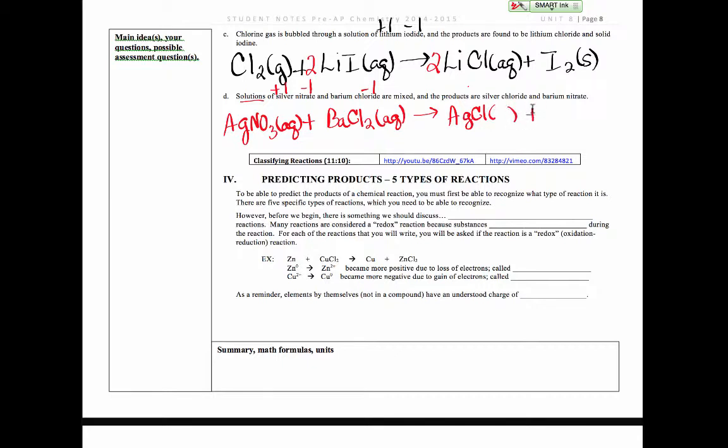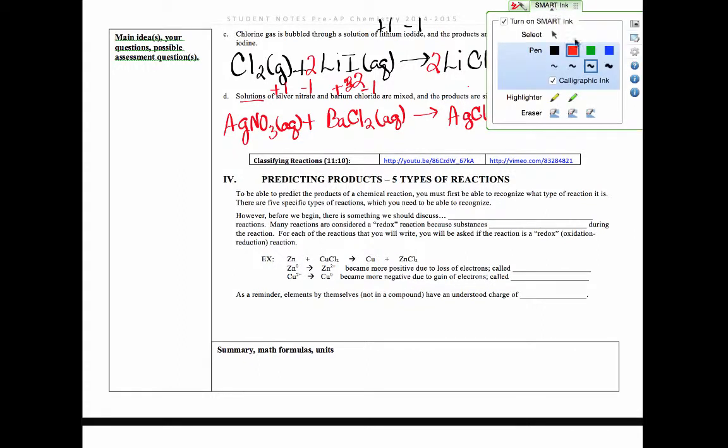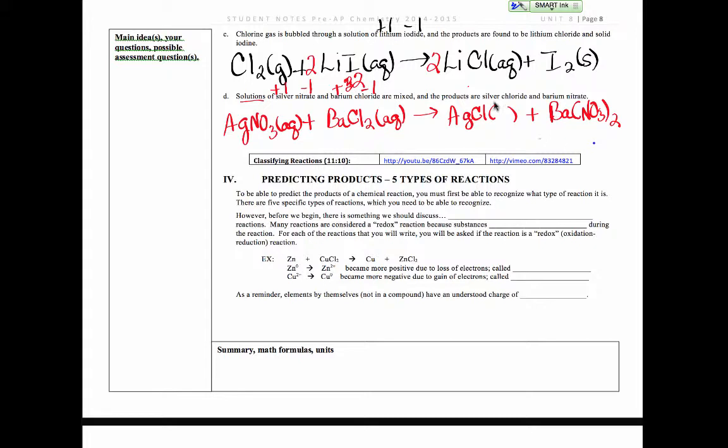And then I have barium nitrate. Barium's +2. So barium's group 2, so it's +2. Whoops, I started to draw 3 there. That's a 2, +2, and parentheses, because I have more than one of a polyatomic ion. Now, if you look up at the rule, it says all chlorides are soluble except silver, mercury 1, and lead 2.